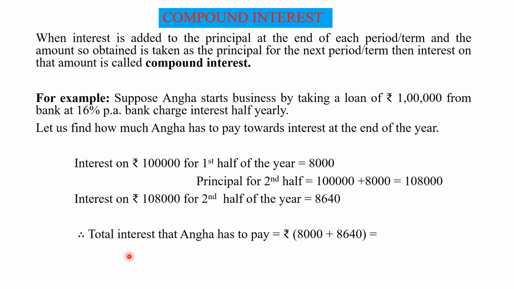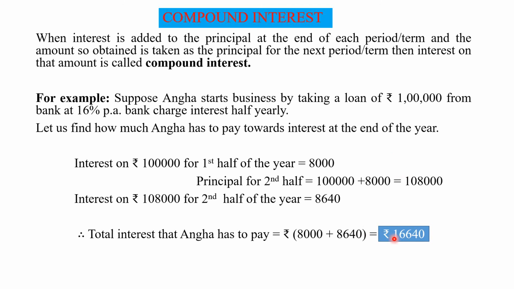So the total interest Anaga has to pay is 8,000 for the first half and another 8,640 for the second half, which is equal to 16,640. This is the compound interest, and the simple interest is 8,000 for the first half and 8,000 for the second half, which is 16,000.